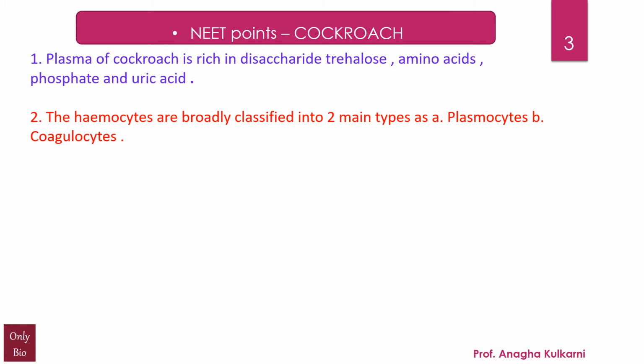Friends, I would like to tell you something on this. Different scientists have classified the blood cells of cockroach on different bases, so you'll come across different words for the same group of cells as well. Please do not get confused, but it's better to know the different types of classification of the same cells. As soon as we go ahead with the next series, you may come across the same word being presented in a different way.